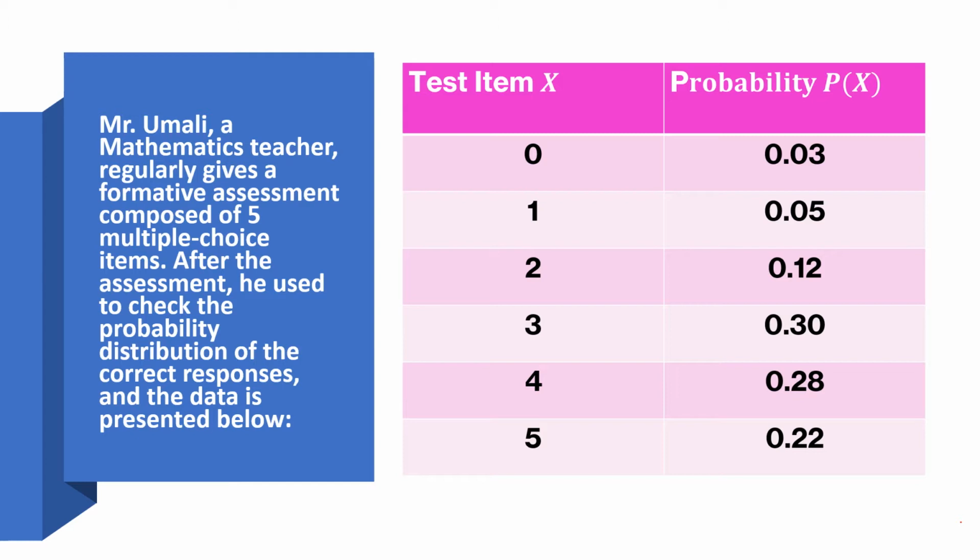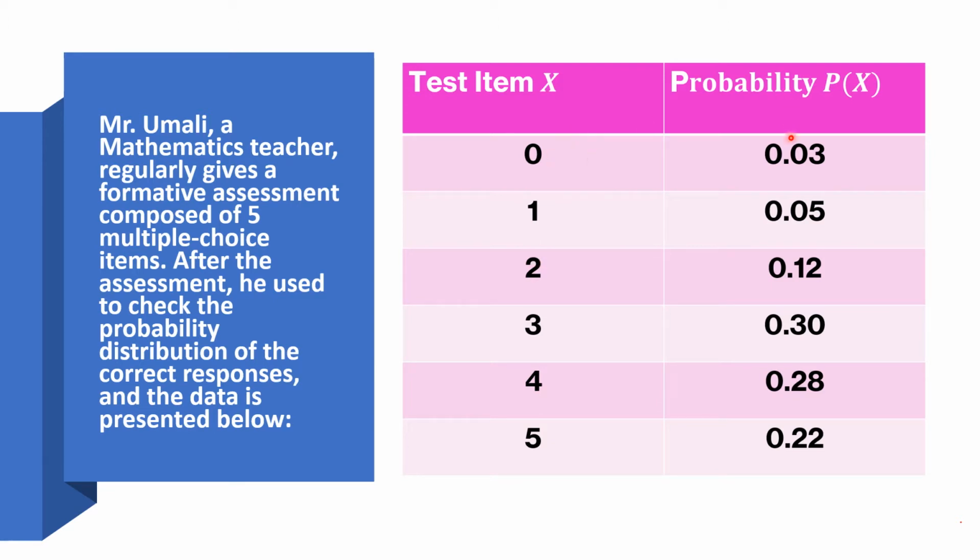Let us read. Mr. Umali, a mathematics teacher, regularly gives a formative assessment composed of 5 multiple-choice items. After the assessment, he used to check the probability distribution of the correct responses, and the data is presented on the right side. So here on the table, the values of x are 0, 1, 2, 3, 4, and 5, since there are 5 items given.